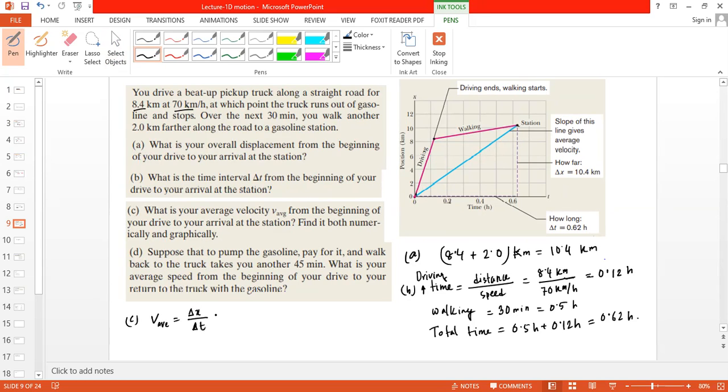Delta x is your displacement from part A, that is 10.4 kilometers, and delta t is the total time, here 0.62 hour. Can you divide 10.4 by 0.62 for me, please?